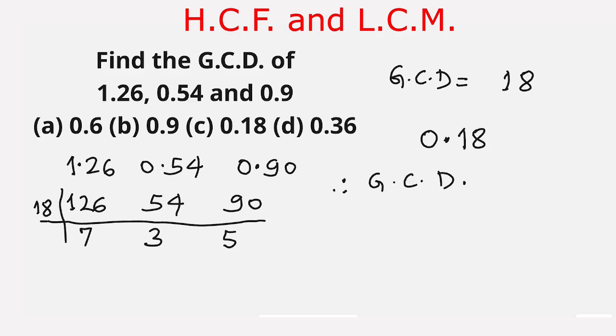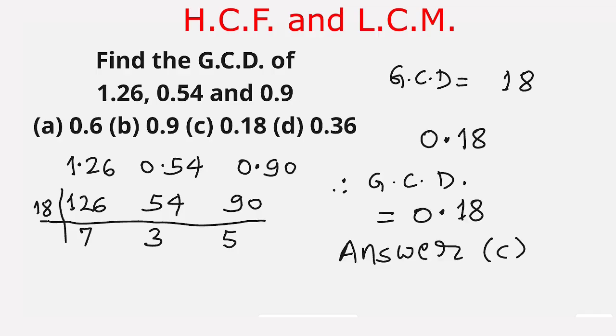Therefore, GCD of given number is equal to 0.18. And from the given options, our answer is option C, 0.18. 0.18 is the GCD of 1.26, 0.54 and 0.9. I hope you have understood the method of solving such type of questions. We go to the next question.